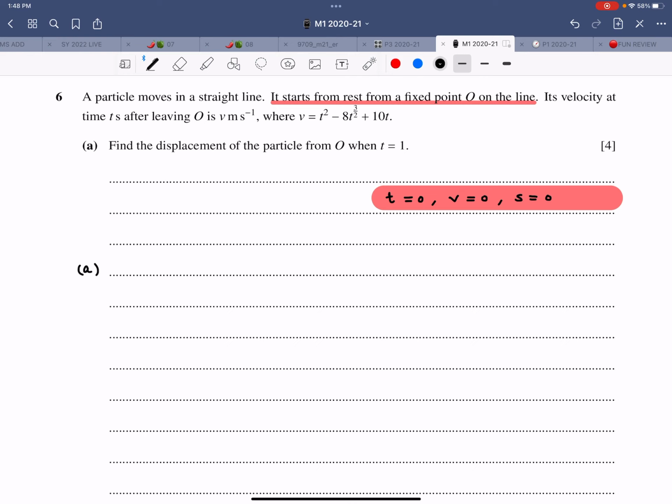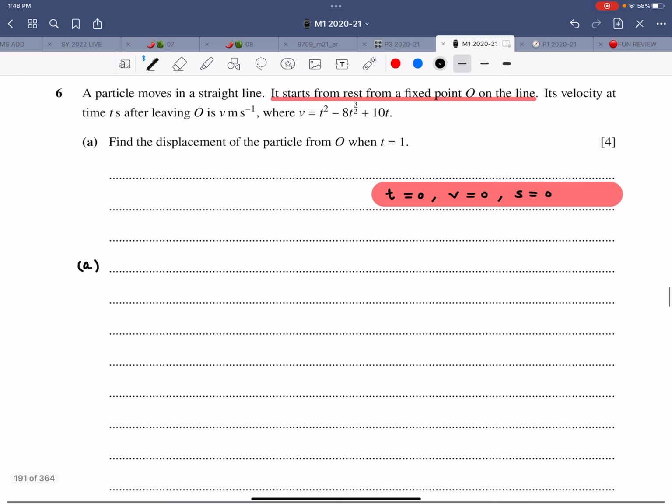So part A, what I can do is that displacement during the first 1 second, basically that is what they are asking. That is the integral from 0 to 1 of t square minus 8t^(3/2) plus 10t dt.